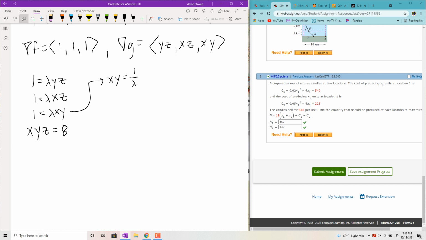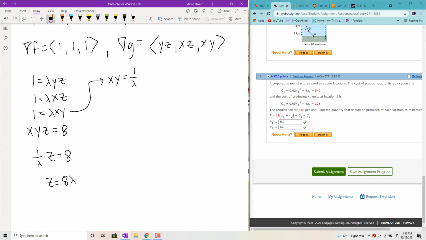So this would be 1 over lambda times z equals 8. So z equals 8 lambda. And if I get x, y, and z in terms of lambda, let me see if I can pull that off.